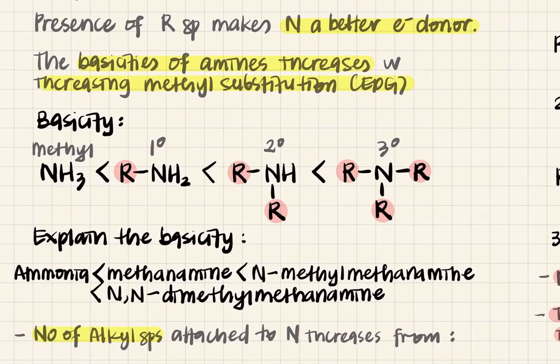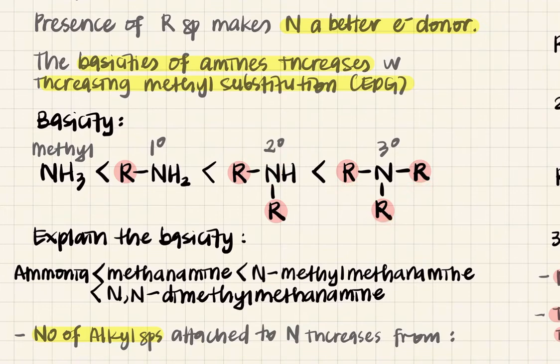Here your primary amine has one R group, so it will donate electron density to your nitrogen. If you have two R groups, more electron density is pushed towards nitrogen, making your nitrogen a better electron donor. Banyak lagi electron kat sini, so dia boleh donate, boleh attack H.